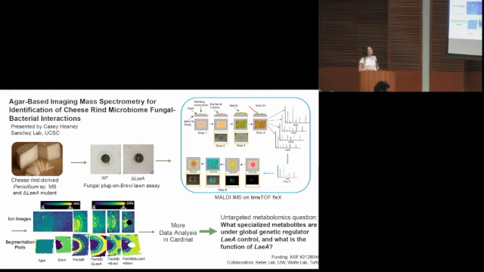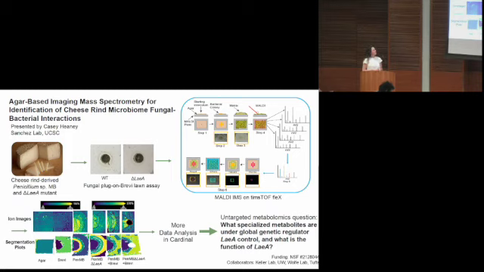We're particularly interested in this Penicillium species MB, and it contains a global genetic regulator called LAA. A global genetic regulator means it can control a variety of specialized metabolite biosynthetic gene clusters.